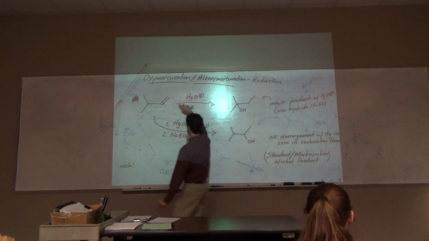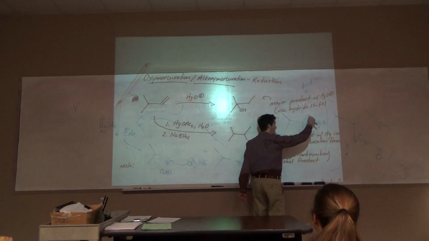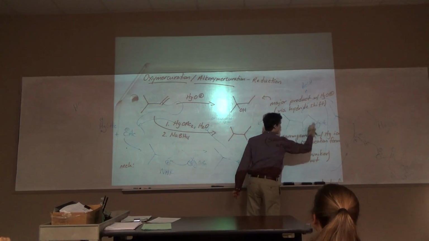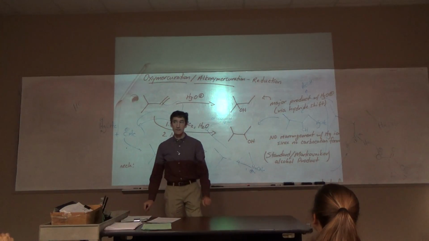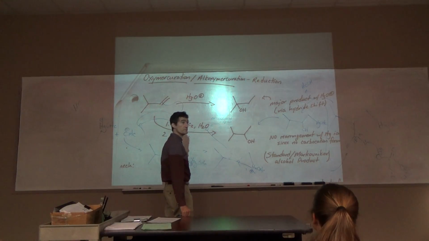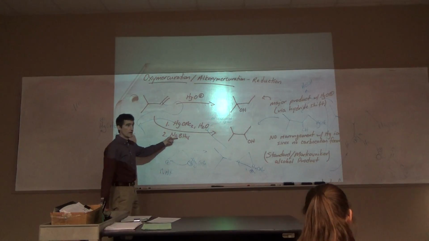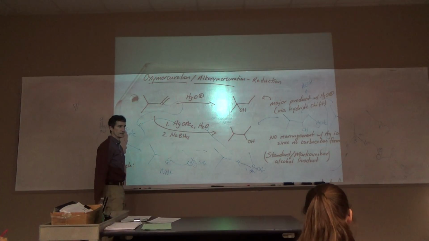It's the same number as we started with. There's 2 H's there, and there's 2 H's there. We have to replace the mercury acetate with what? A hydrogen. Where does that hydrogen come from? Sodium borohydride.